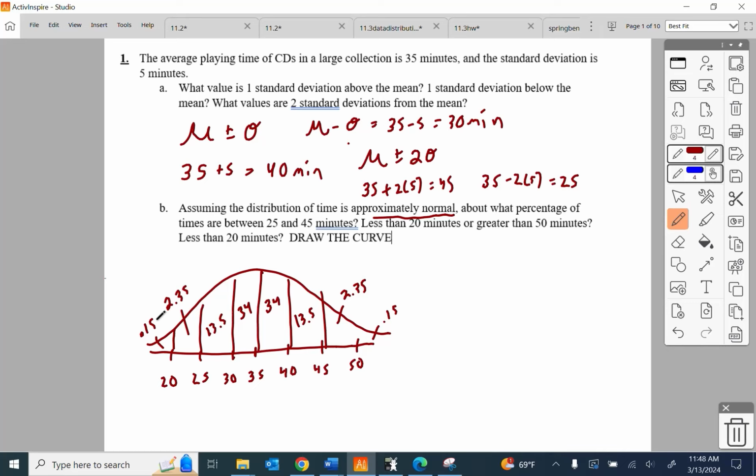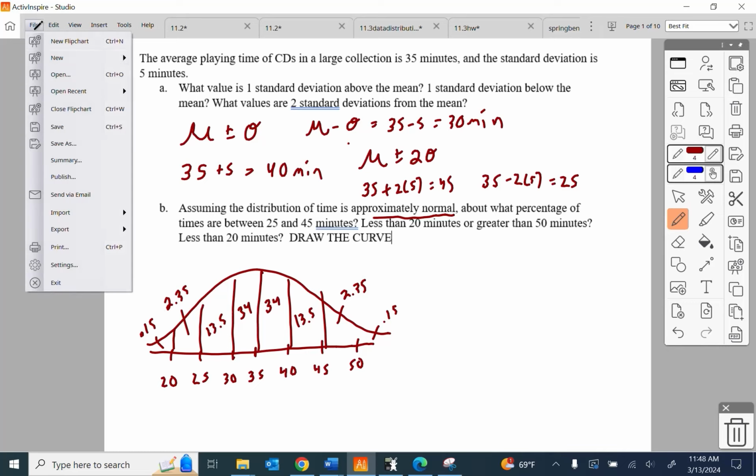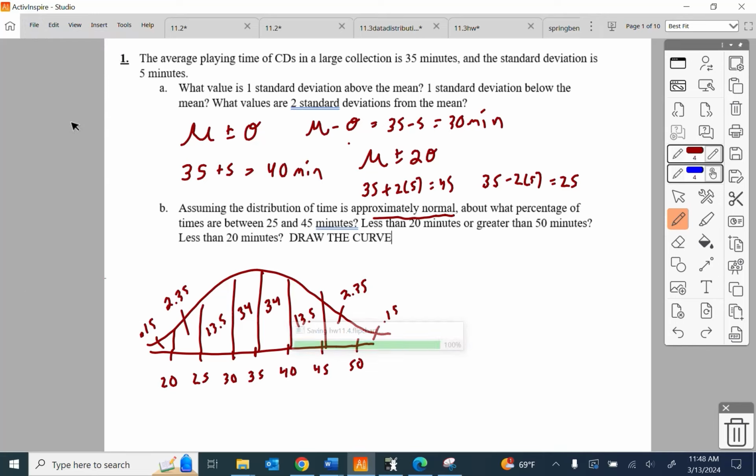Let's save this so I can erase it a little bit. Anyways, let's do the first question. Percentage of times between 25 and 45.